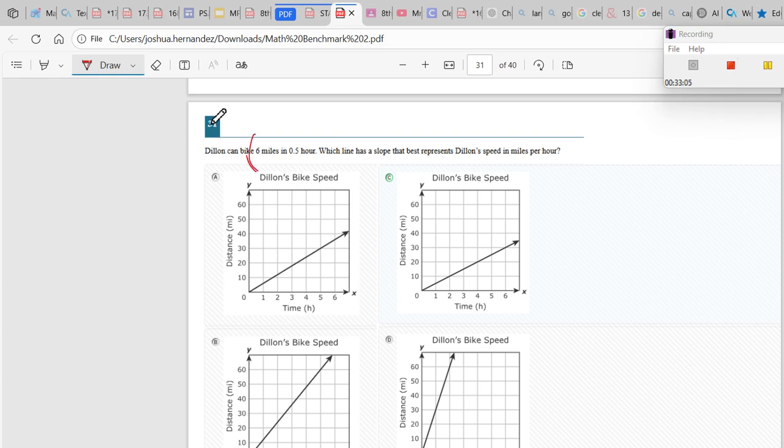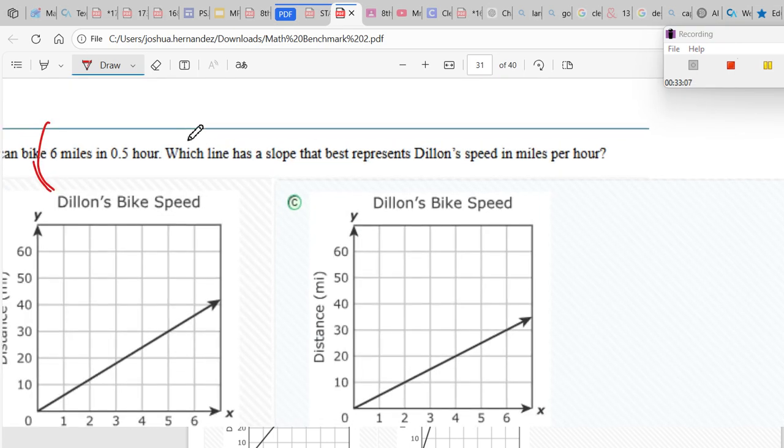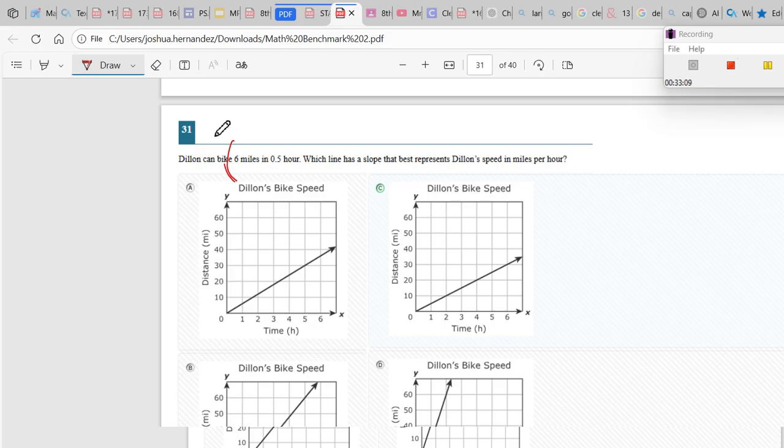So here goes. If you zoom in, it's 6 miles for every half hour. That's actually so easy. I'm going to convert that in my brain because I know they're going to go by hours. So 12 miles every 1 hour. Okay, so let's look for that. Half hour, 6? That one looks pretty good.